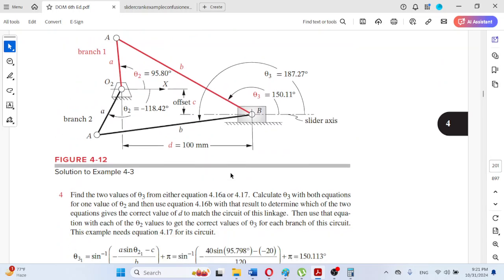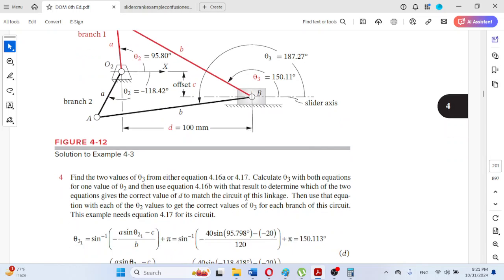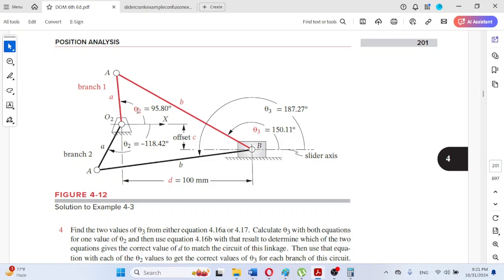We will be calculating the theta 3 values using theta 2 for the open circuit, the red circuit, where the slider can be at this location, or towards the left orientation.